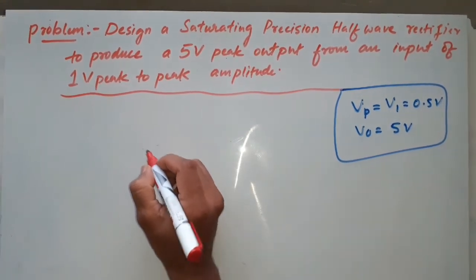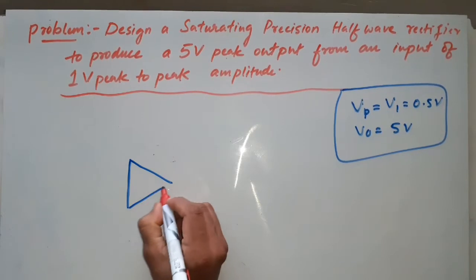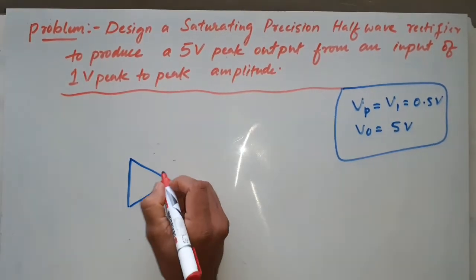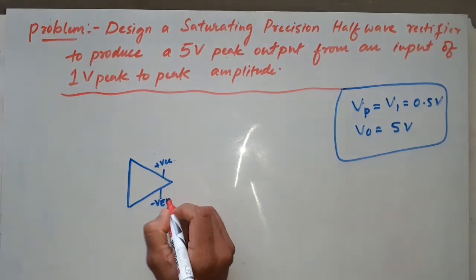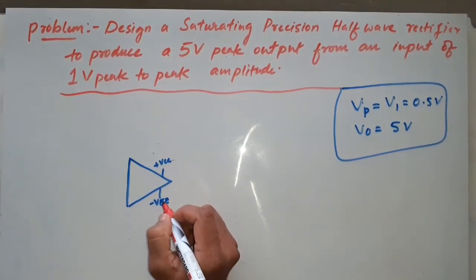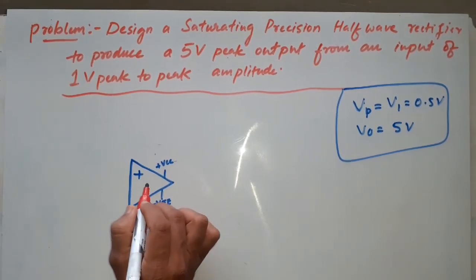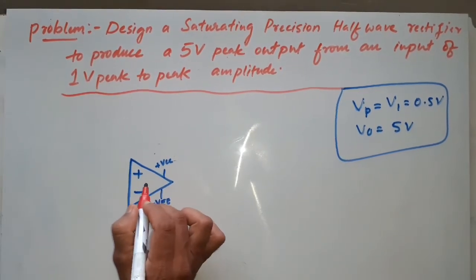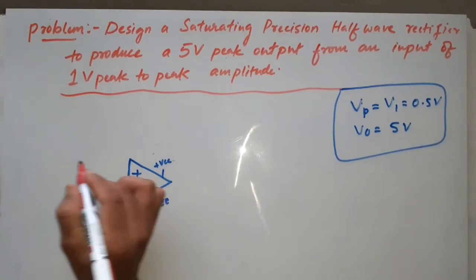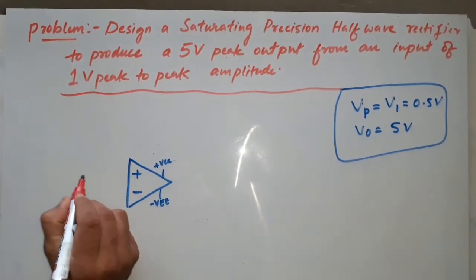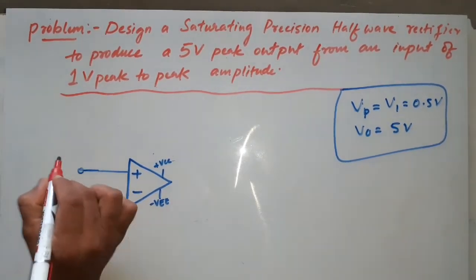Draw your circuit. This is your op amp, plus VCC, minus VEE. This will be a plus, this will be a minus. Let this be your input.